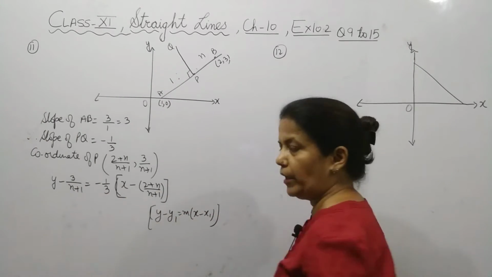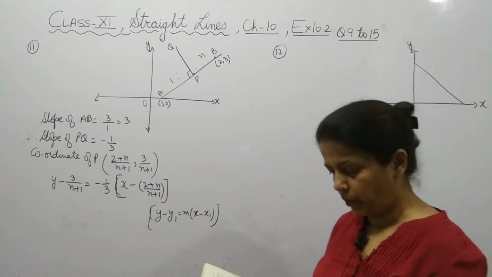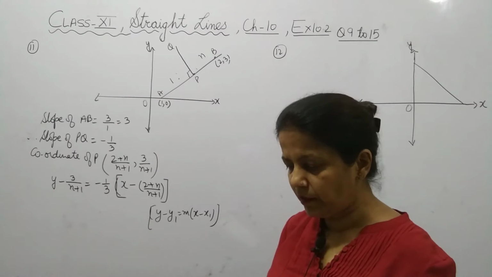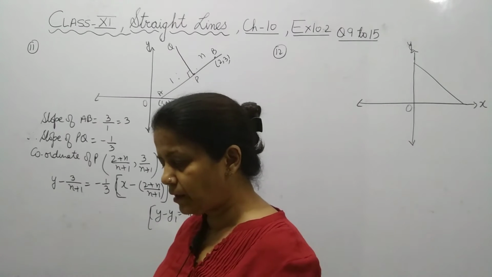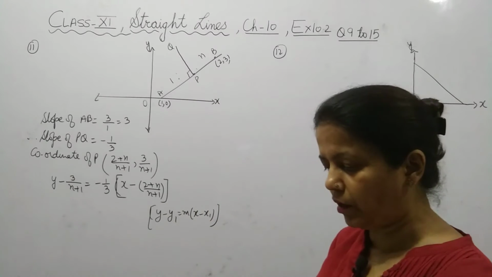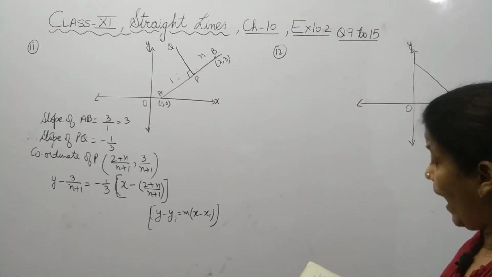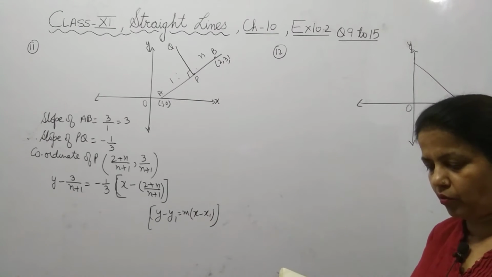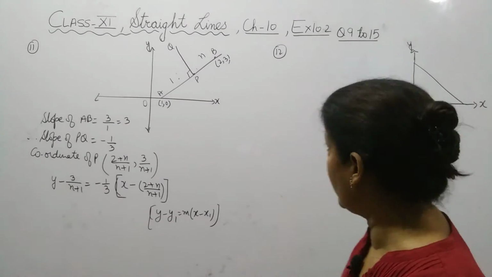Question number 12. Find the equation of a line that cuts off equal intercepts on the coordinate axes and passes through the point (2, 3).